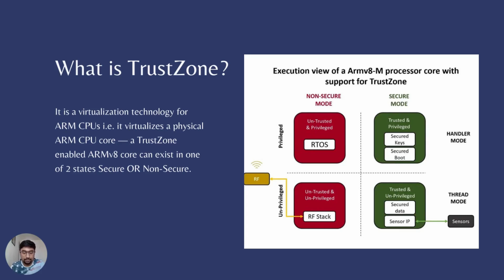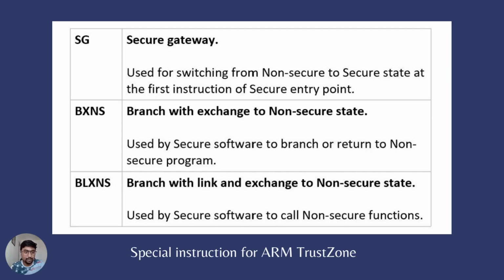In the unprivileged section of the non-secure mode is the place where we'll be keeping our user applications, and this user application will be having its own communication stack, and it will be dealing with all the communication related things, so that even if someone has the access to our user application, that entity will not be having access to our secure key storage and secure bootloader, right? Yeah, so we'll move forward.